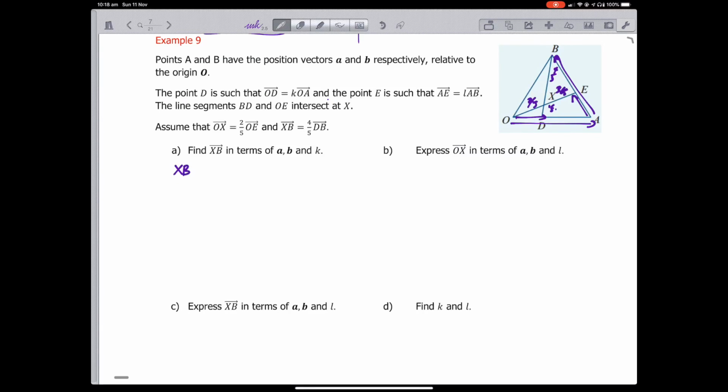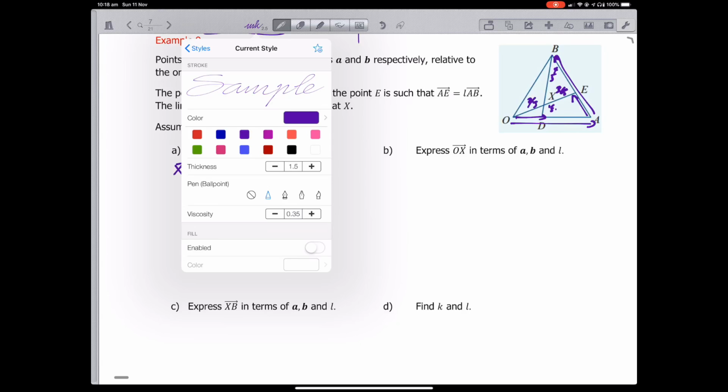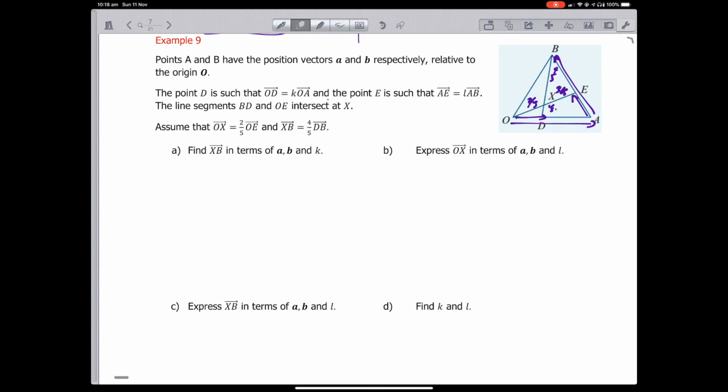So we know XB is 4/5 DB. I'll make this pen a bit smaller. Okay, so XB is 4/5 DB. And we know that DB is DO plus OB, which is 4/5 negative OD plus OB.